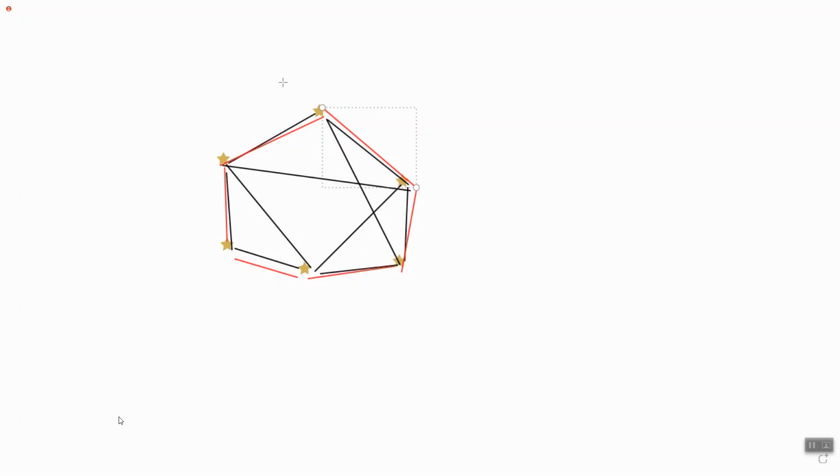Hamiltonian path is, you have to join the vertices but not close. Okay.